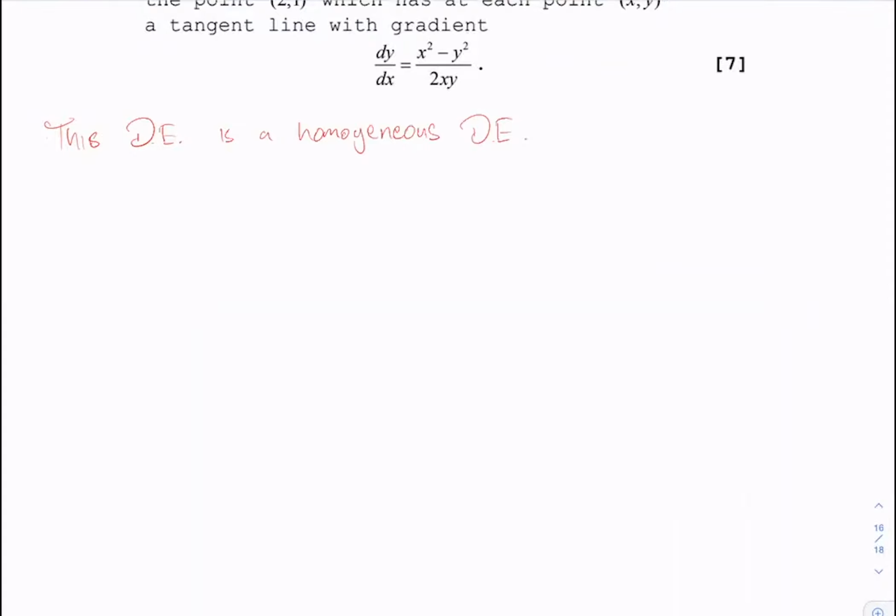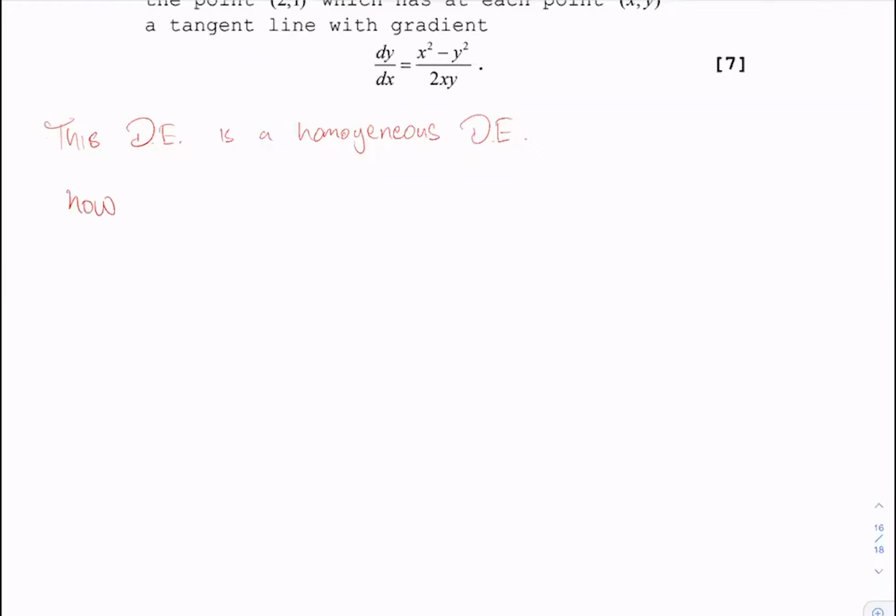In much the same way that I defined a first order differential equation for you, here I'm going to define for you what is a homogeneous differential equation. Before we define a homogeneous differential equation, we have to know what is a homogeneous function.